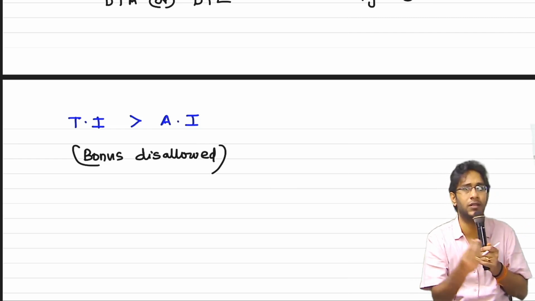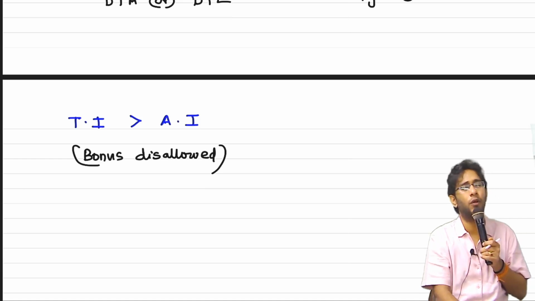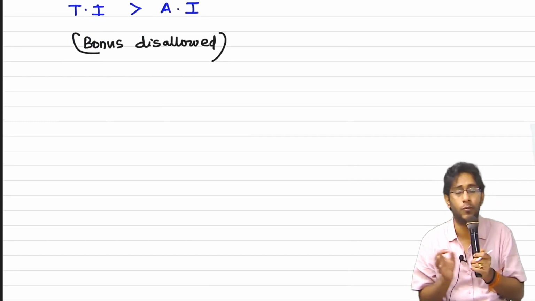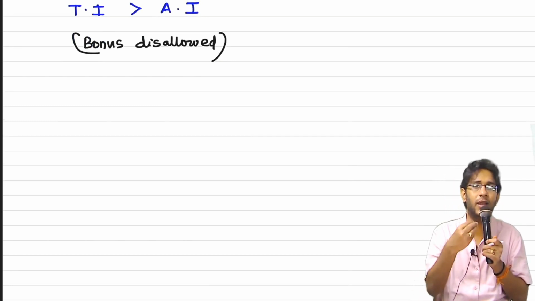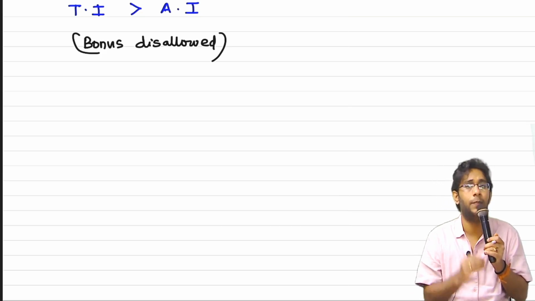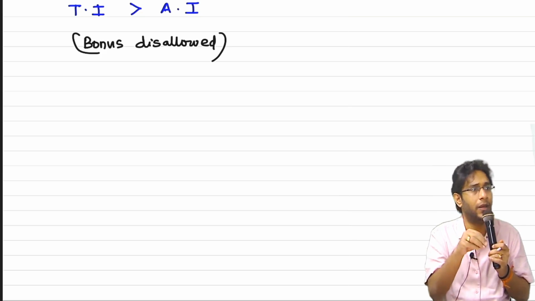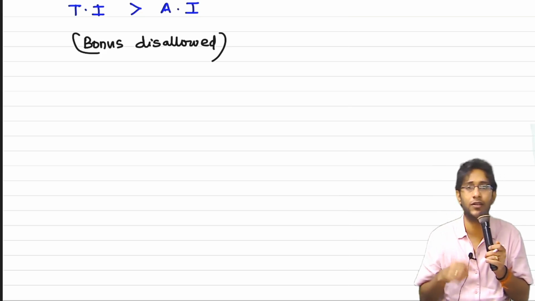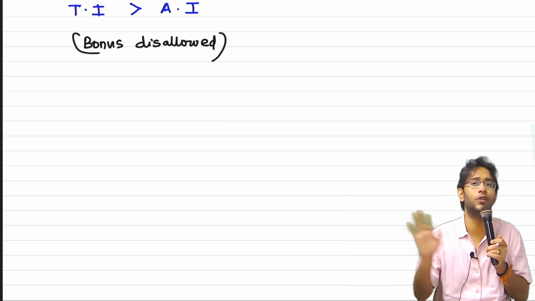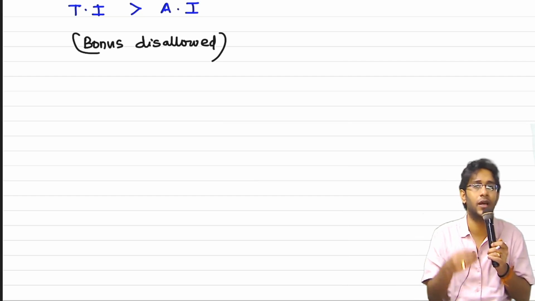Bonus, interest, some kinds of employer-related contributions are included in that. So if bonus is disallowed, my taxable income is higher than my accounting income. Because of that do I pay more tax or less tax? I pay more tax. In that current year I pay more tax, but in future when I actually settle the bonus, I will get a deduction under Income Tax Act. That means in future I am going to pay lesser tax. That means higher tax now, lower tax on a later date.